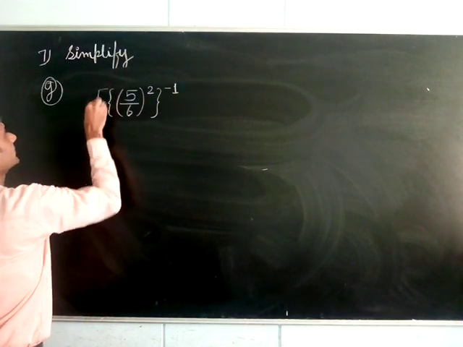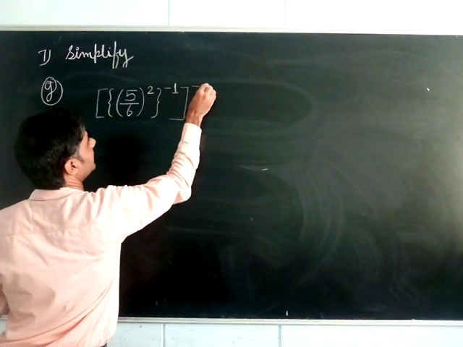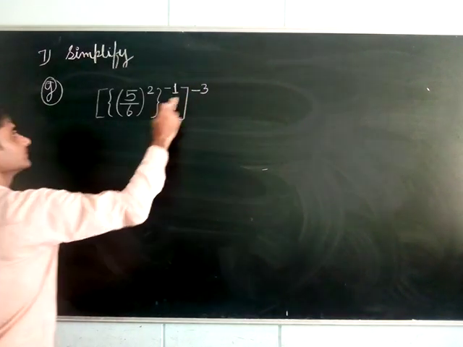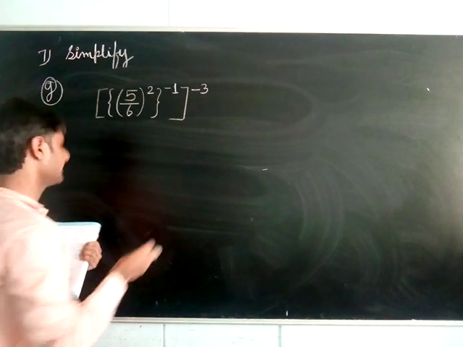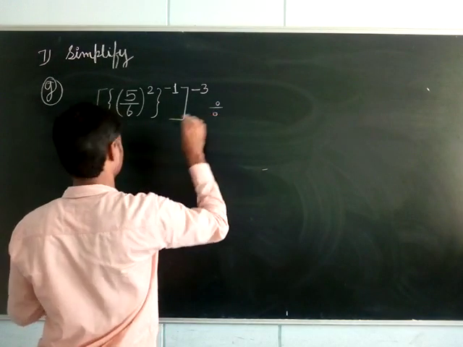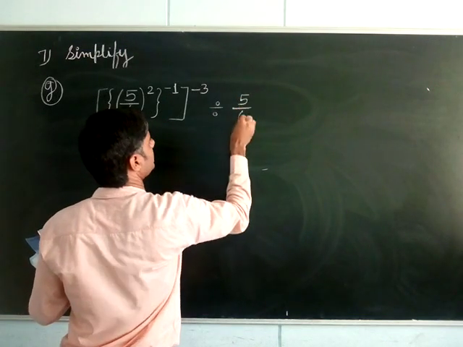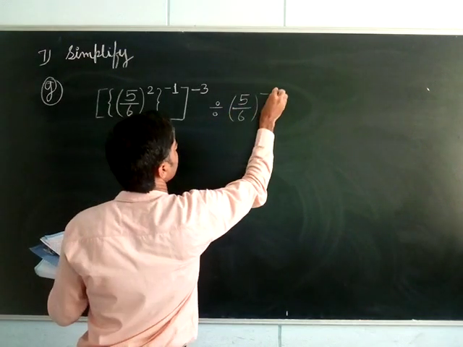After that, a big bracket is there, and the power is minus 3. So these things are given. And divide by, one more thing is there, divide by (5/6)^-5.